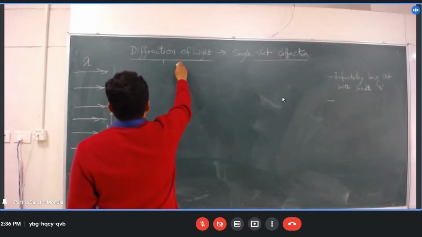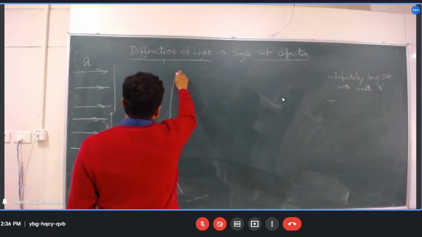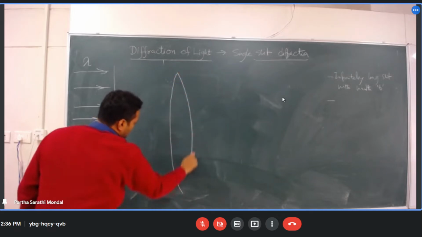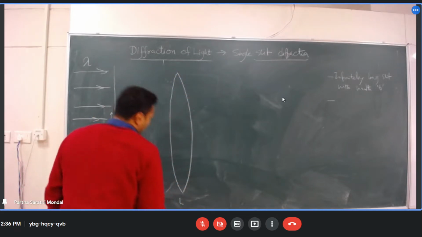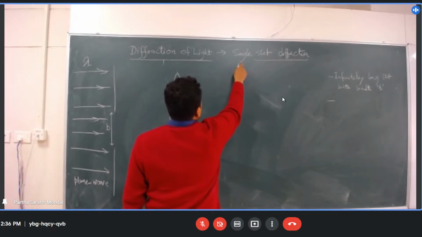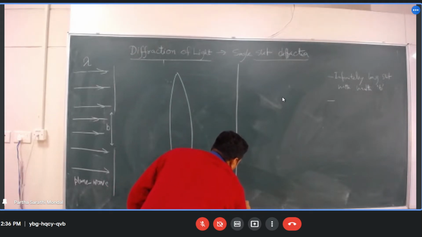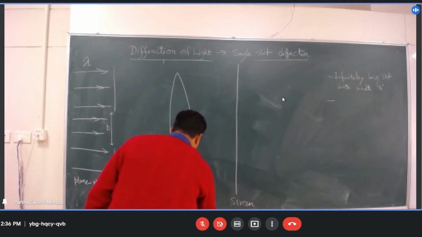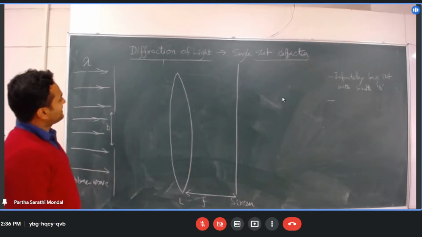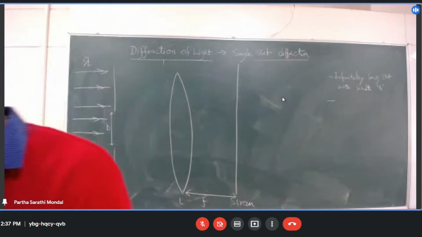So we have to put a convex lens here, and at the focal distance of the convex lens we put a screen here. At the focal distance. Okay? Is it understandable? Did the arrangement make sense?